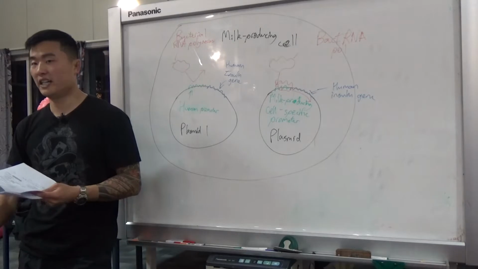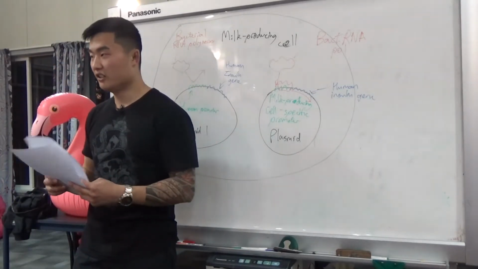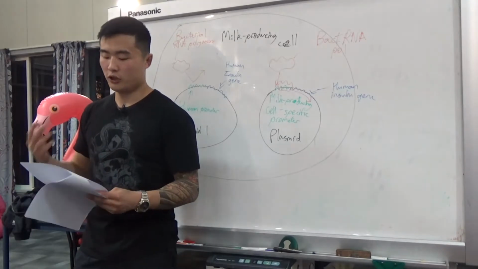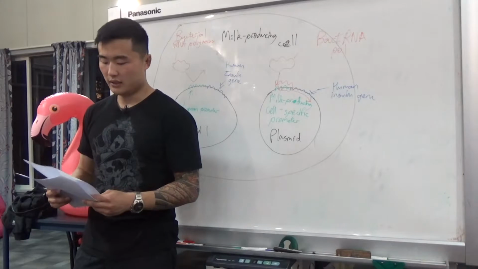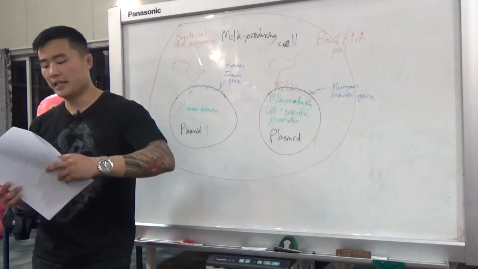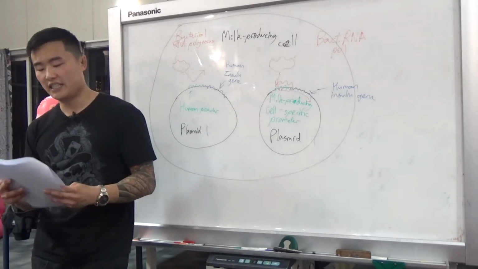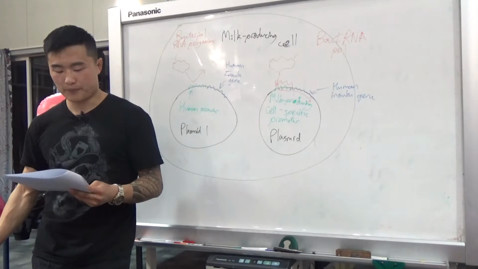They can divide really fast, and as long as you provide the nutrients for the bacteria to grow, they'll grow really fast and produce a lot of protein for you. And they're free from human pathogens like HIV and hepatitis and Creutzfeldt-Jakob disease, things like that.